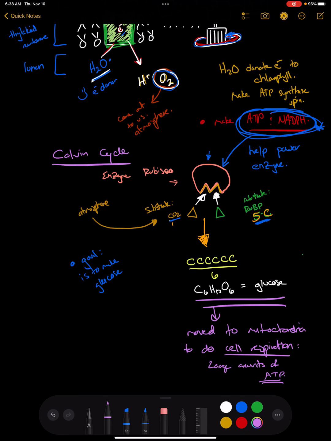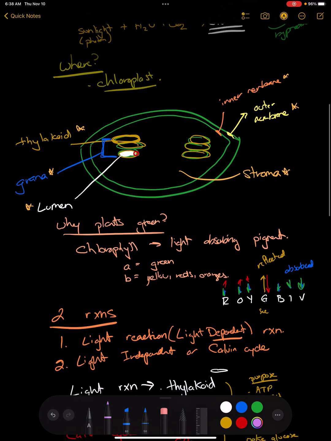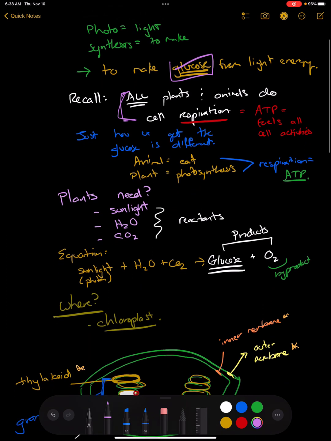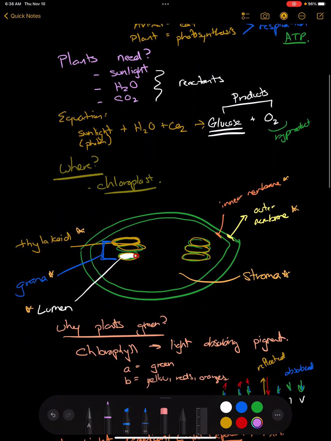Animals have to eat and then do cell respiration. Okay, so photosynthesis. I'm making something from light. The thing I'm making is glucose, right? All things have to do cell respiration. So photosynthesis is how plants get their sugar so they can do cell respiration.